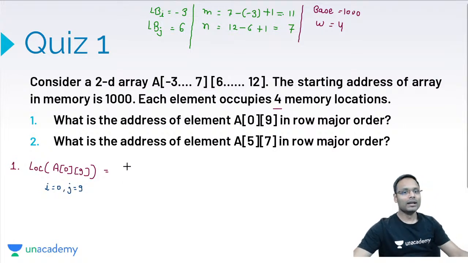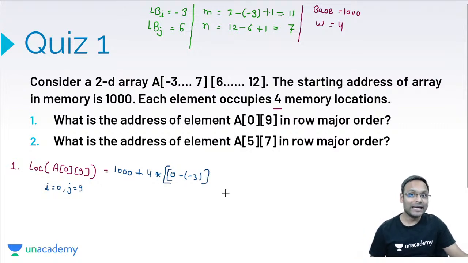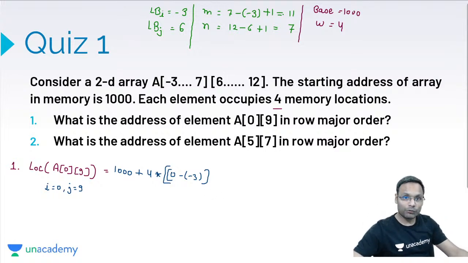Put the formula. Base 1000 plus W 4 into I 0 minus lower bound of I, which is -3, into the total number of columns, which is 7, plus J 9 minus LB of J, which is 6.